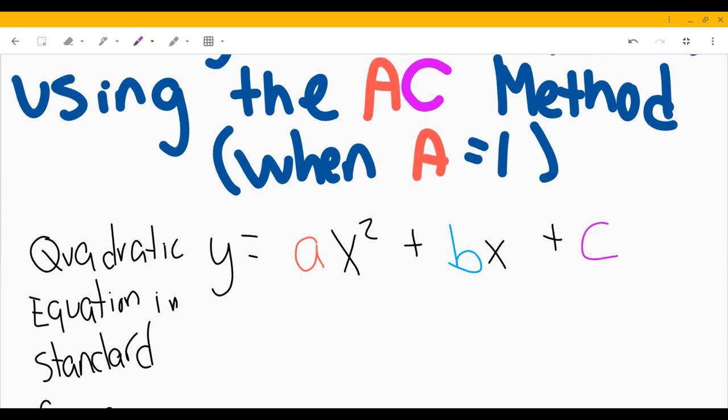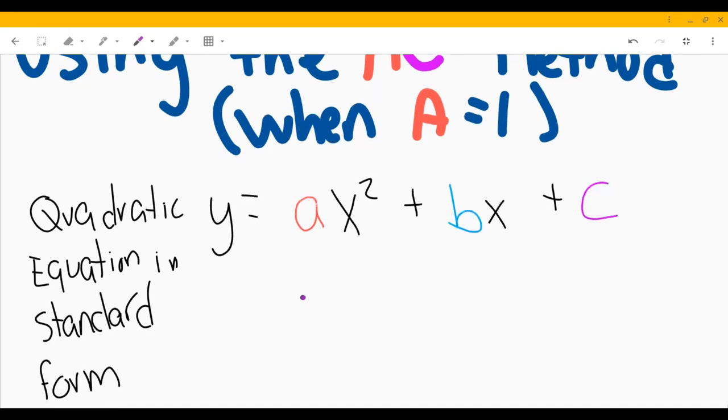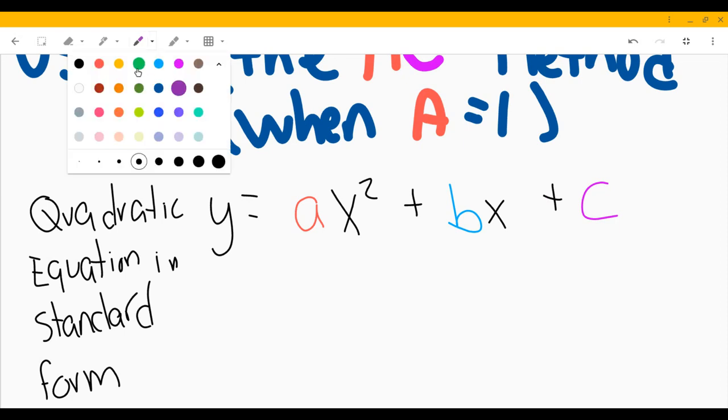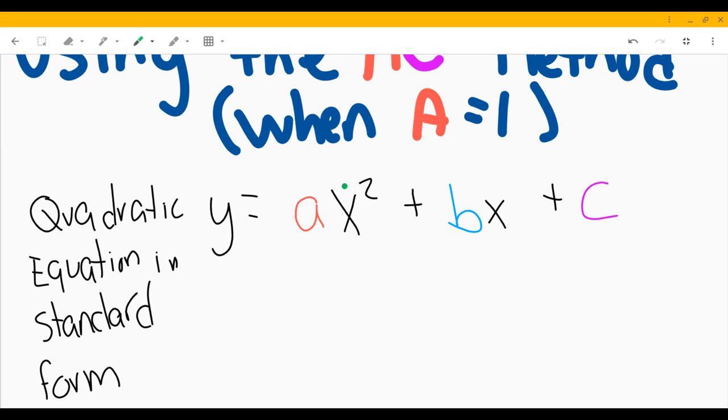So let's just recall that a quadratic equation in standard form is going to be written as y equals ax squared plus bx plus c. So remember, a quadratic equation is an equation where the highest degree is 2.